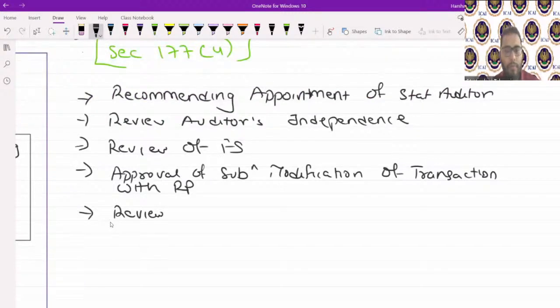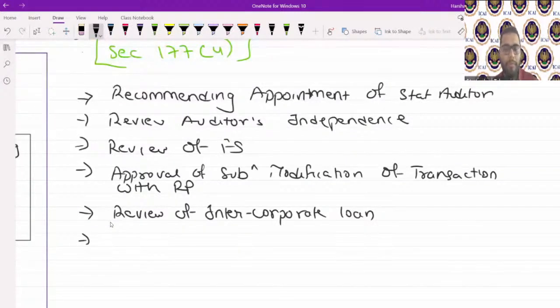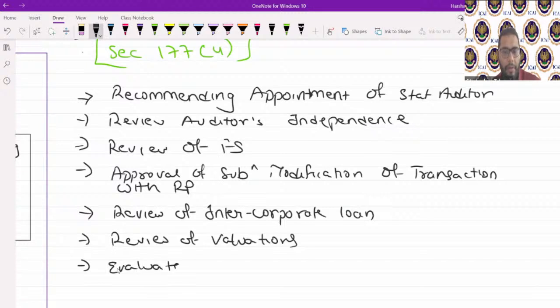Review of inter-corporate loans, review of valuations, evaluate IFC, internal financial controls.